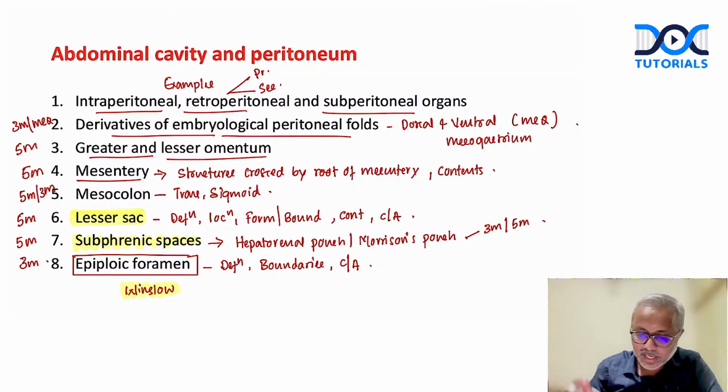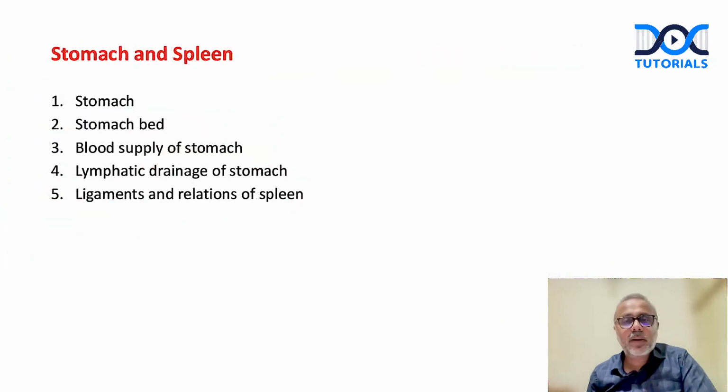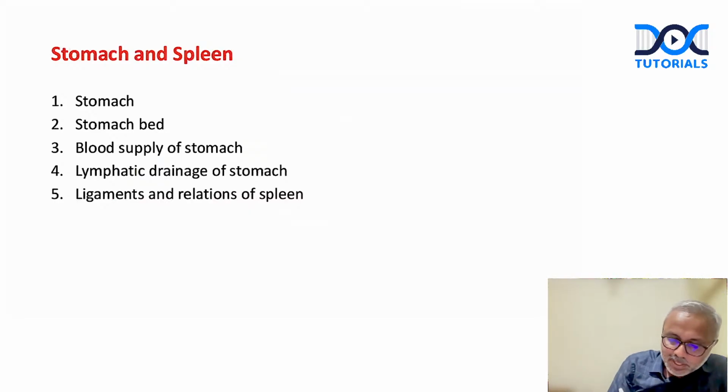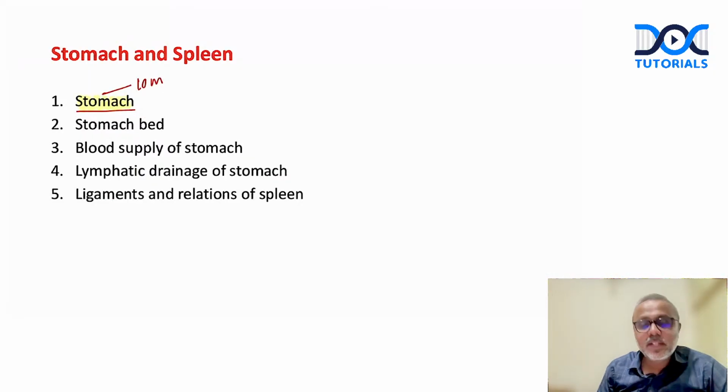All right, done. Then what about the next important topic here? So remember, the next important topic here would be the stomach, and this is a very important 10 marker question, right? Now, most of the time they will give the headings under which we need to describe the stomach.